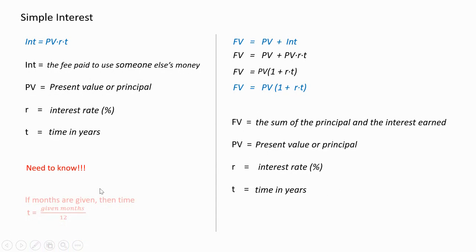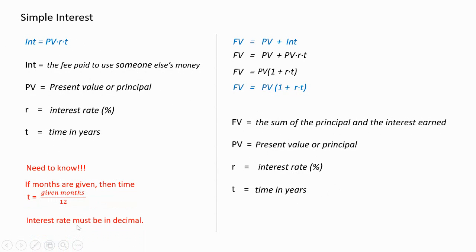If the months are given in the word problem, then it's going to be the given months divided by 12, because the time has to be in years and there are 12 months in a year. And also the interest rate must be in a decimal. So you drop the percent symbol and move the decimal place 2 places to the left.